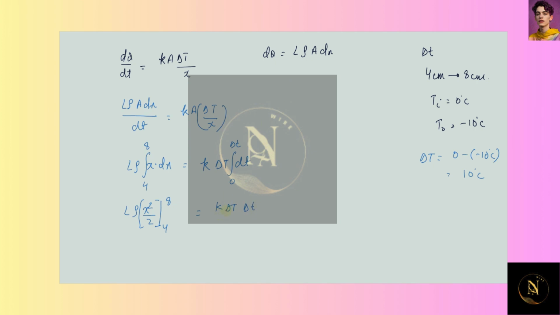Don't confuse between delta T and delta t. This capital delta T is the change in temperature, and this small delta t is for change in time.